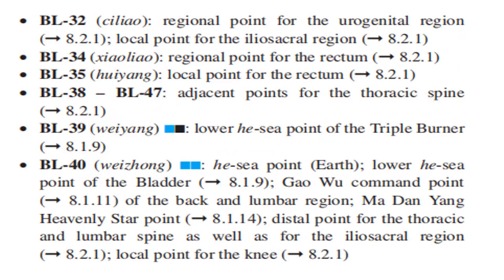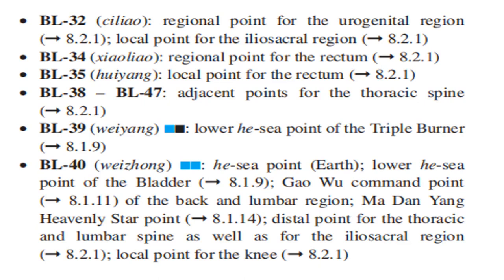Bladder 35, local point for the rectum. Bladder 38 to bladder 47, adjacent points for the thoracic spine. Bladder 39, lower He-Sea point for the triple burner. Bladder 40, He-Sea point, earth, lower He-Sea point for the bladder.